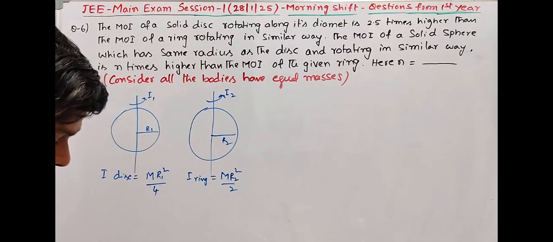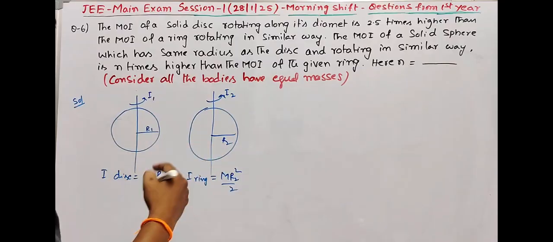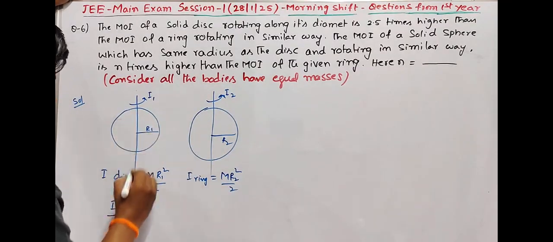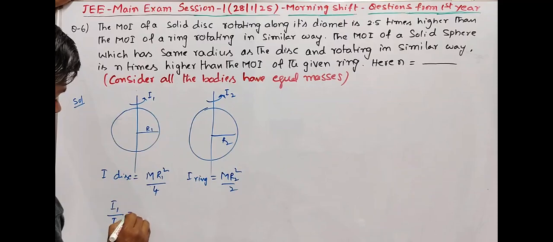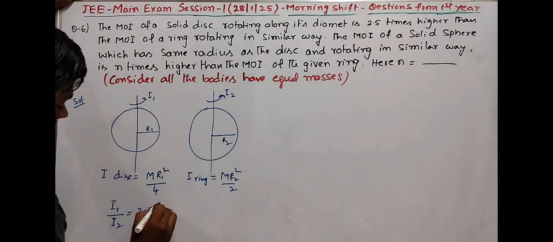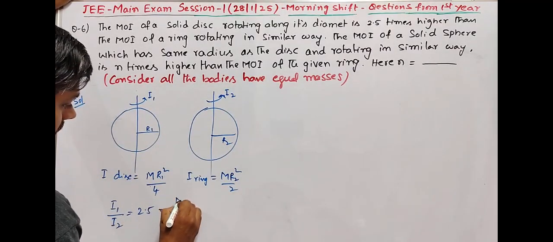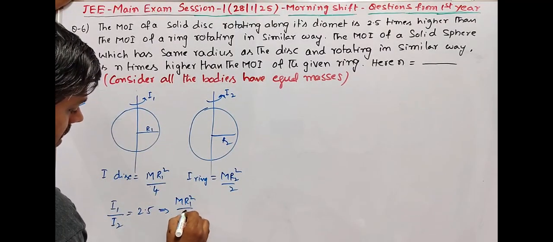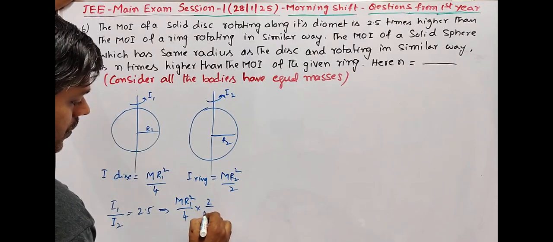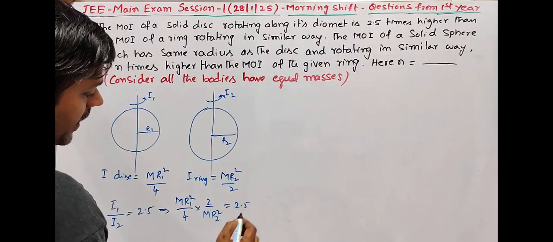Okay, so what is given in this question? I'll discuss it. I1 by I2 is equal to 2.5. From this one you can write I1: M r1 square by 4 into 2 by M r2 square is equal to 2.5.